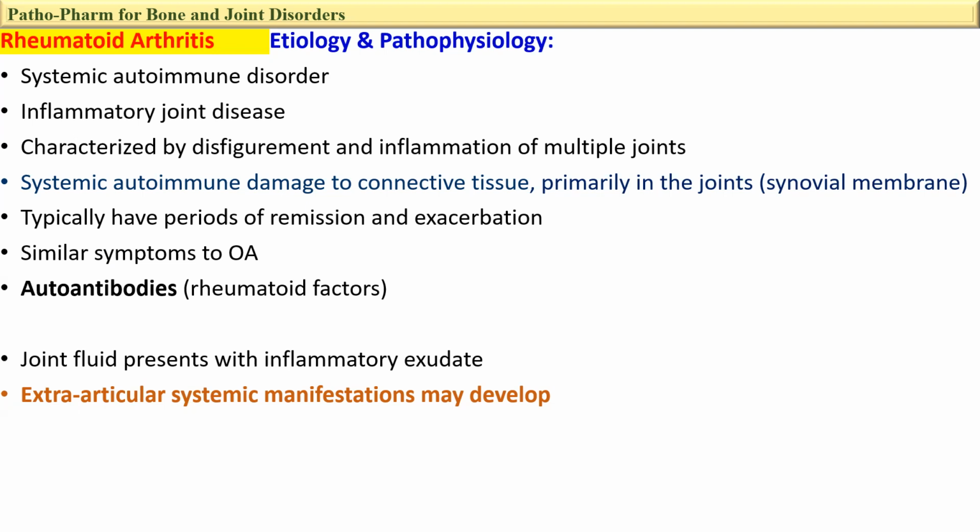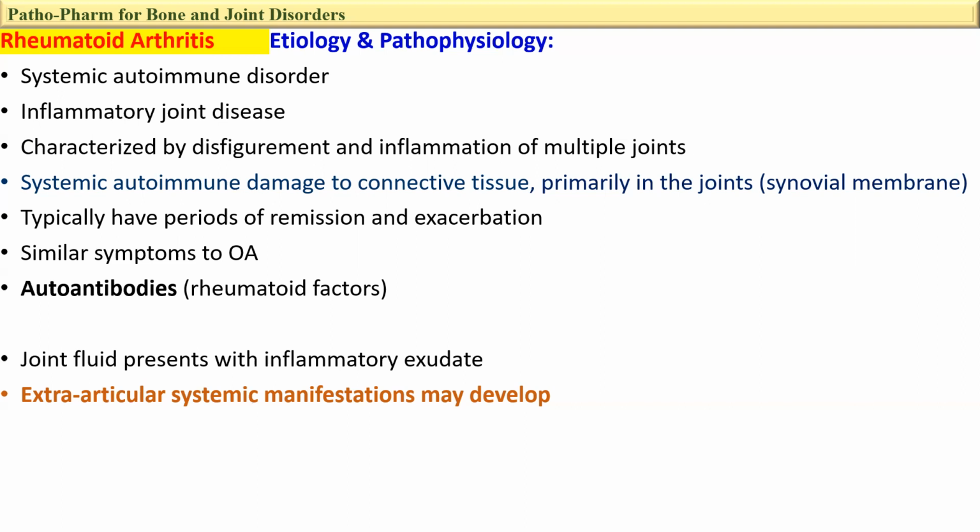It's autoimmune because antibodies have been detected that activate the inflammatory response in these joints. These antibodies, rheumatoid factors, will activate the inflammatory response in joints.